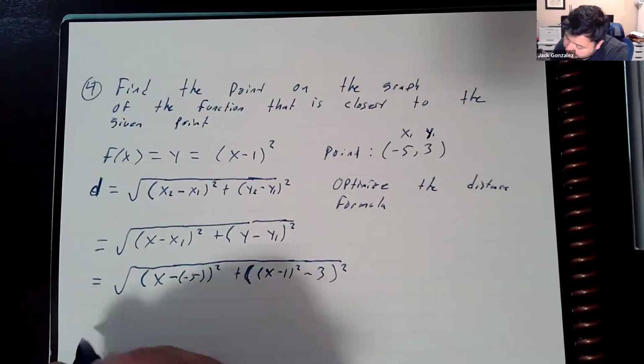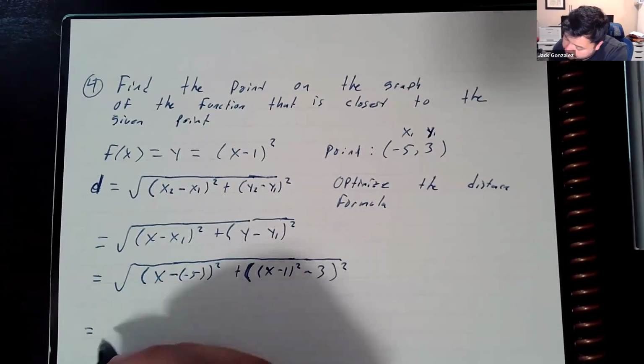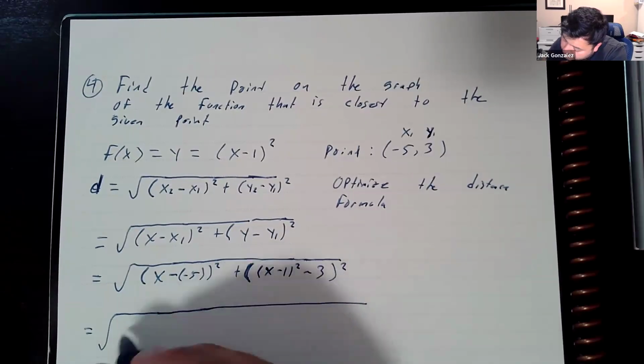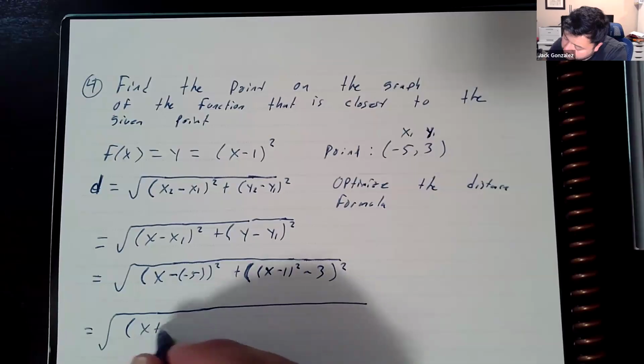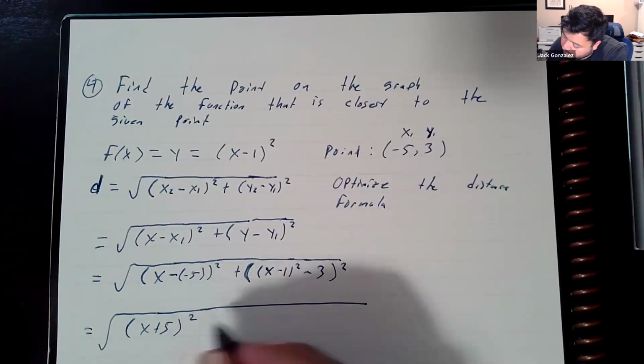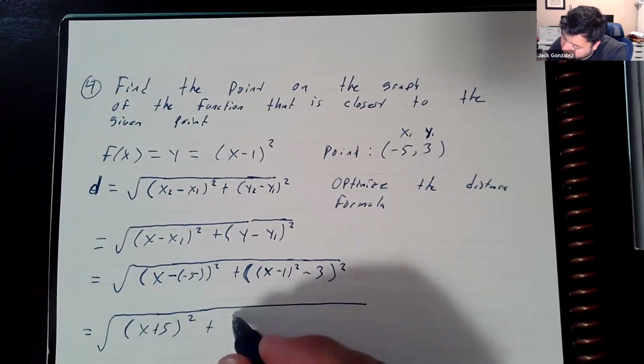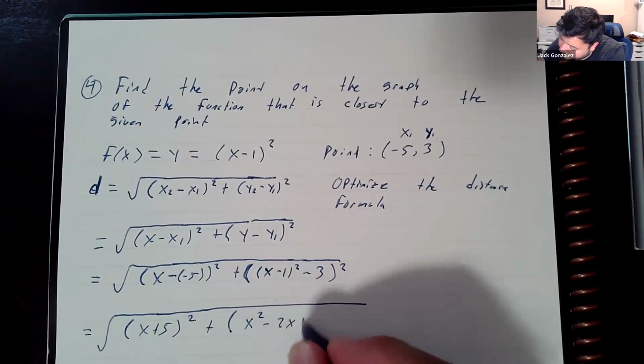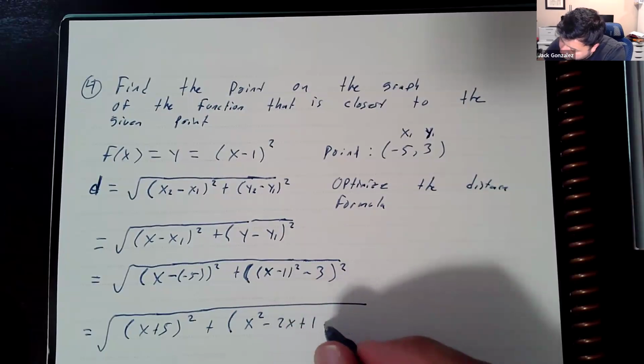So FOIL this out. This would be (x plus 5) squared, plus this will be (x squared minus 2x plus 1) minus 3 squared.